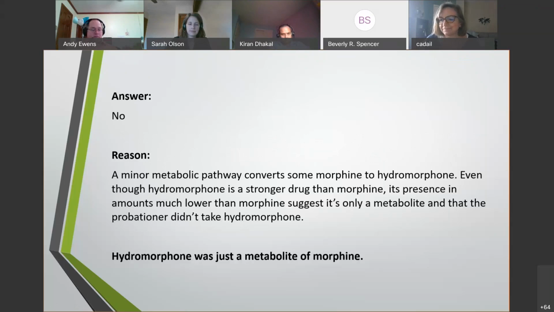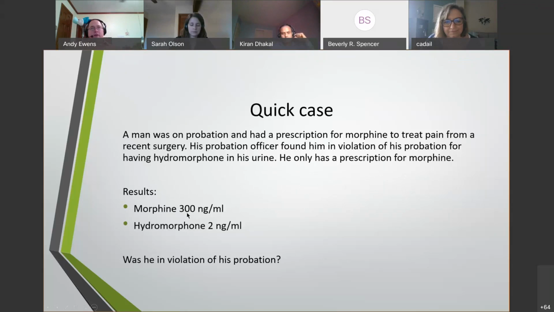Okay, so the answer is no. And the reason is that hydromorphone is a minor metabolite of morphine. Because you see the hydromorphone at a much lower concentration than the morphine, 300 to 2, you can be pretty confident that the hydromorphone is coming from the use of the morphine and it just getting metabolized to a small amount of hydromorphone.